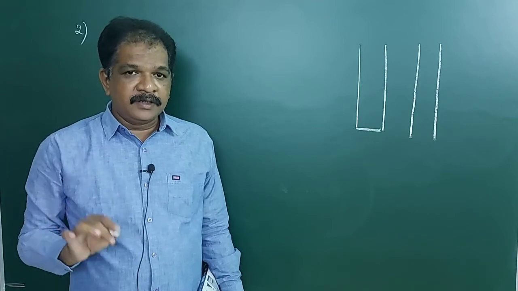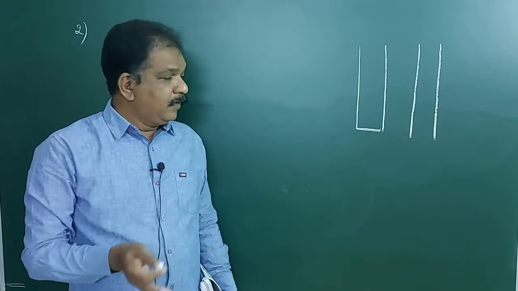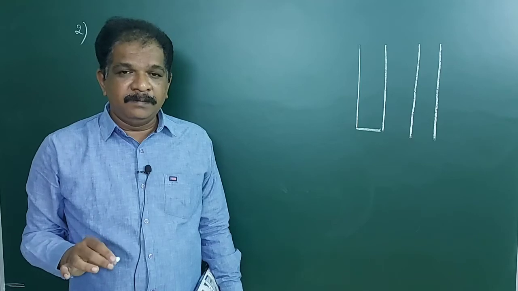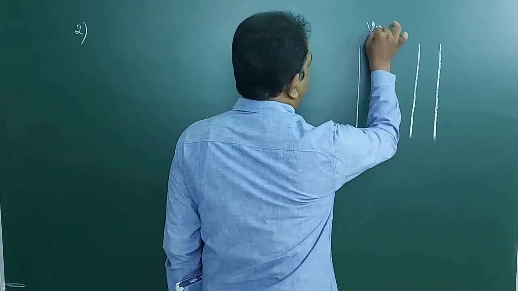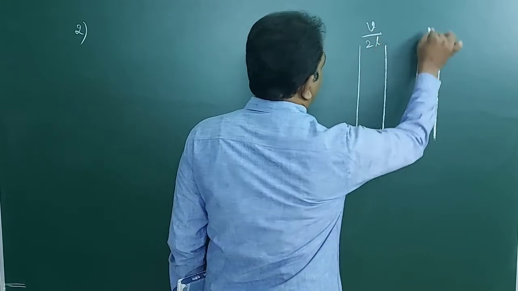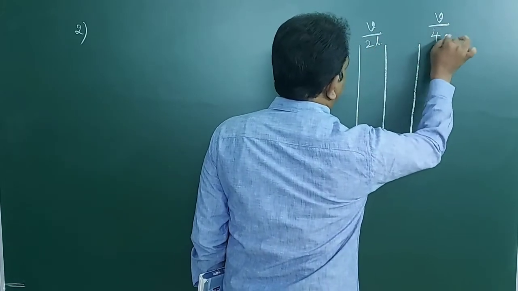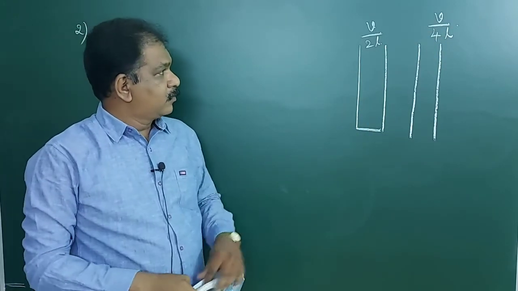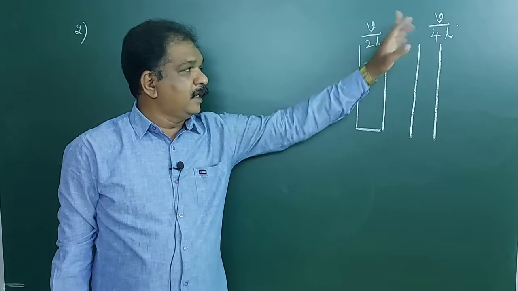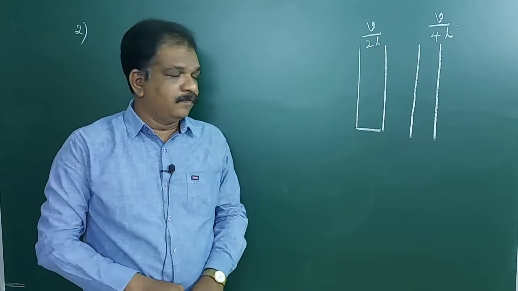They are having the same length. Between the frequencies, how many beats are appearing means 2. Its frequency will be V by 2L. Its frequency will be V by 4L. This is more, this is less. L is the same for both of them.